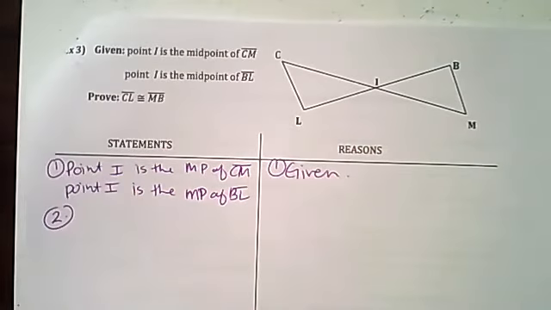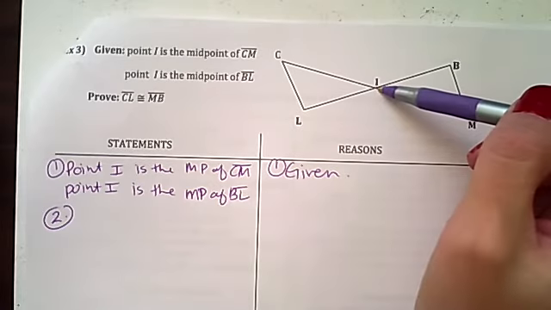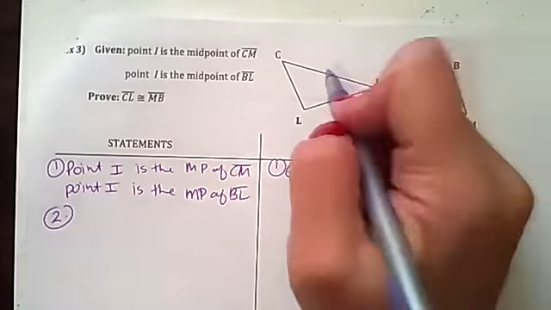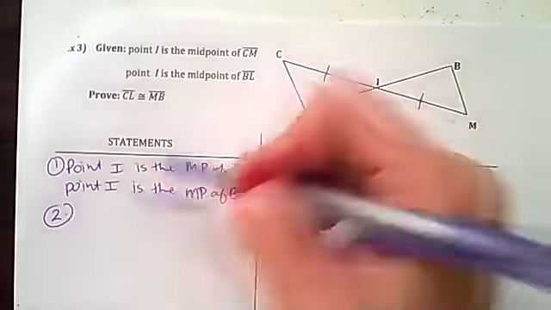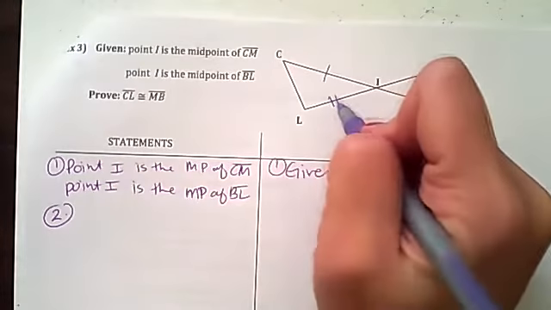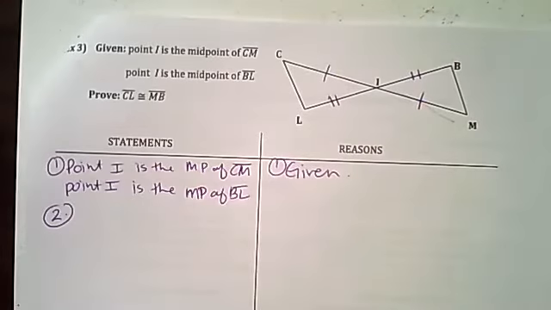Okay, so let's think about what a midpoint is. If you guys remember, a midpoint is a point that's right in the middle of a segment and it cuts it into 2 congruent segments. So I being the midpoint of CM tells me that CI and IM are congruent. I being the midpoint of BL tells me that LI and IB are congruent.